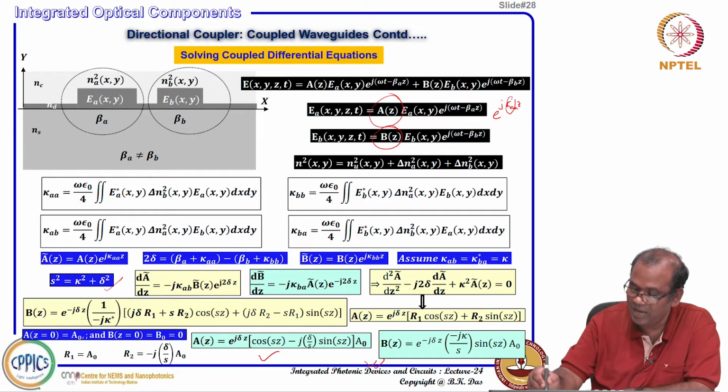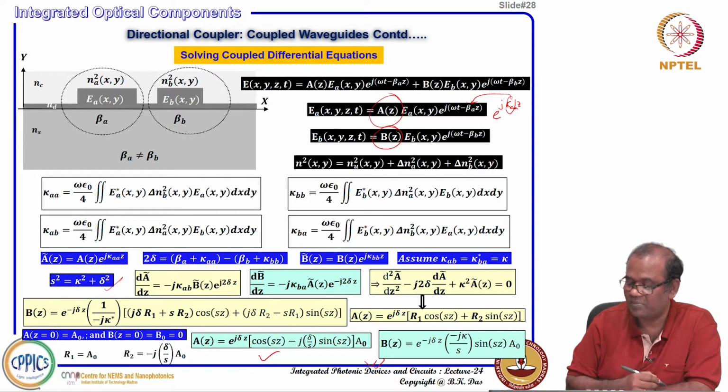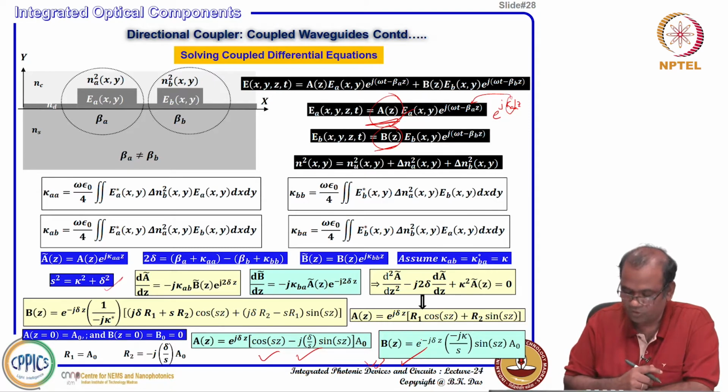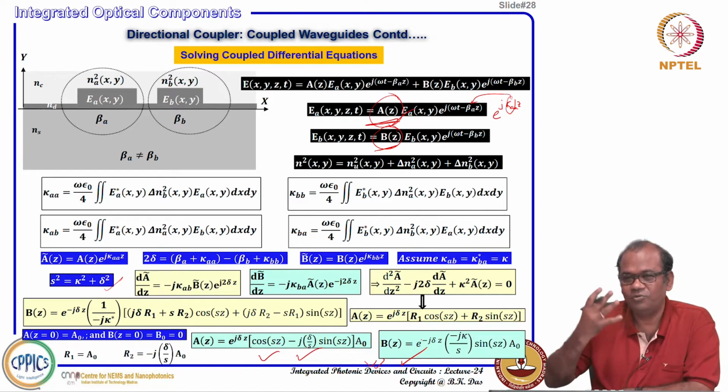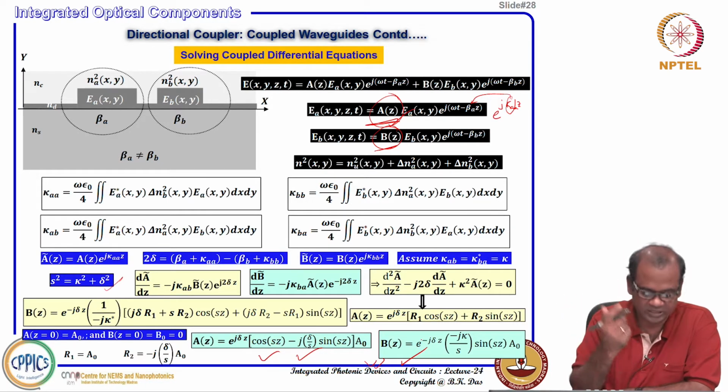But this kappa A you can club here, beta A plus kappa A, then you have to solve only Az, and here also Bz. So, kappa A means modified propagation constant. Whenever you consider the modified propagation constant, you just deal with Az, Bz, that is it. So, these are the solutions, and we are almost done with this solution. Once we know that solution, we can use it to design our directional coupler with desired specification.